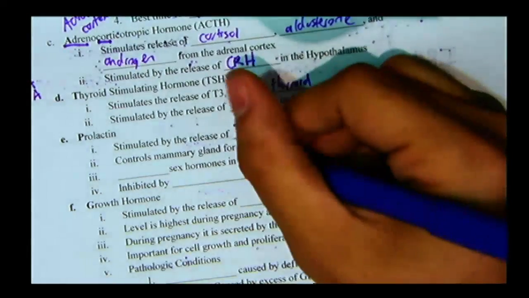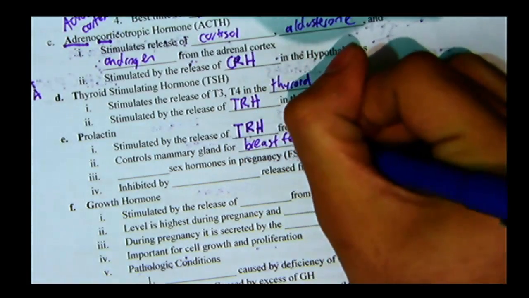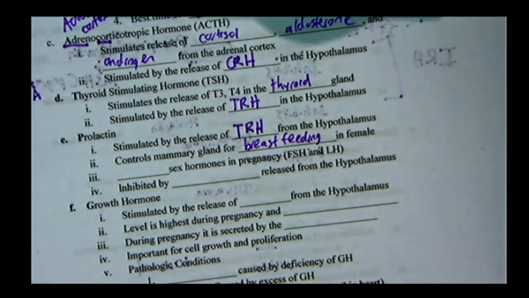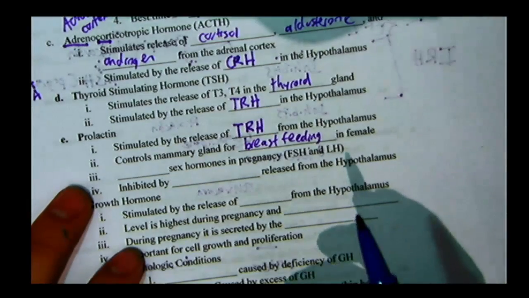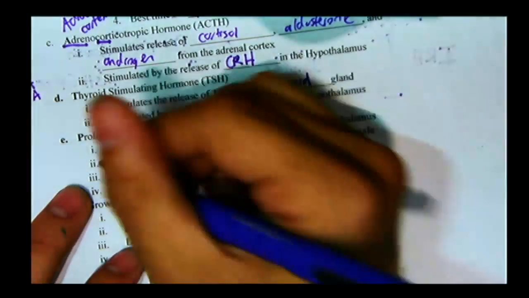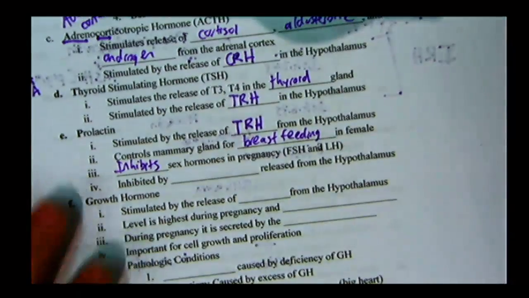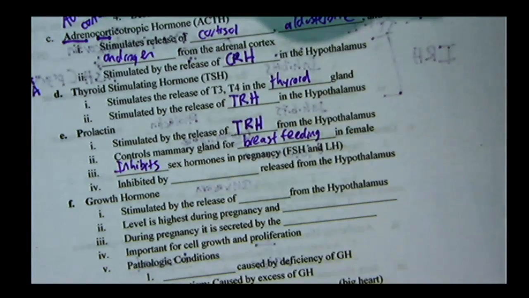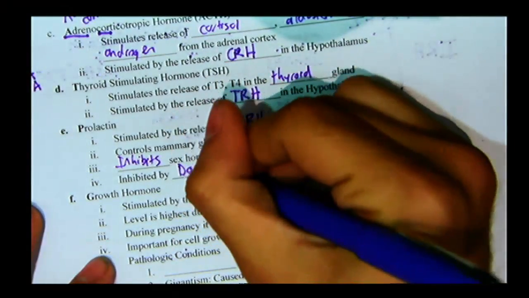Breastfeeding. What does it do to sex hormones in pregnancy? It inhibits. And it's inhibited by what from the hypothalamus? Dopamine. Cool.